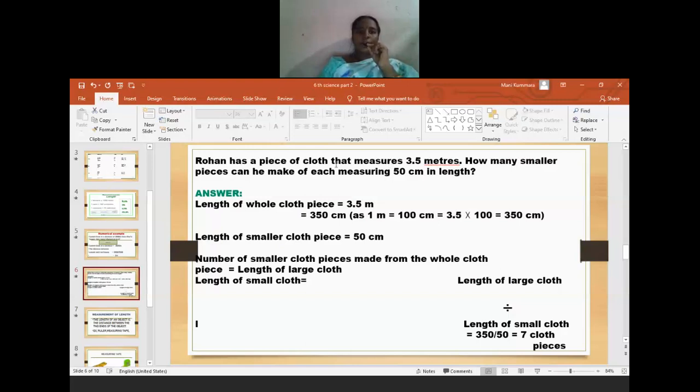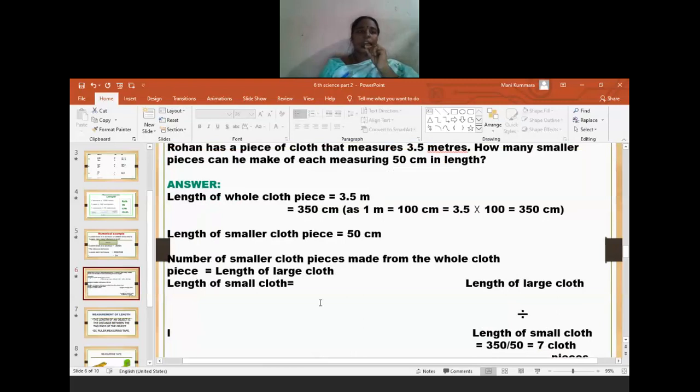Rogan has a piece of cloth that measures 3.5 meters. How many smaller pieces can he make, each measuring 50 centimeter in length? So he has totally 3.5 meters.